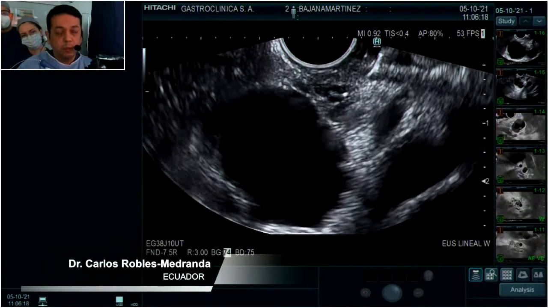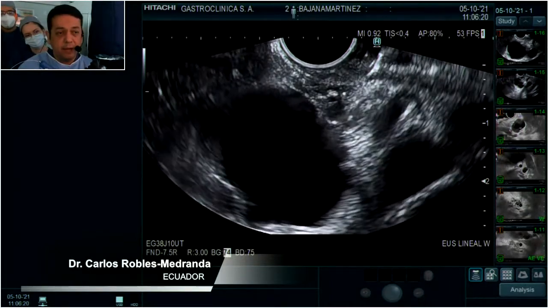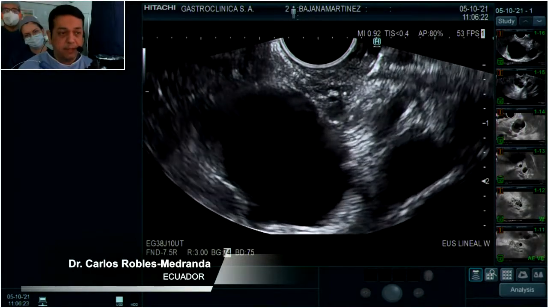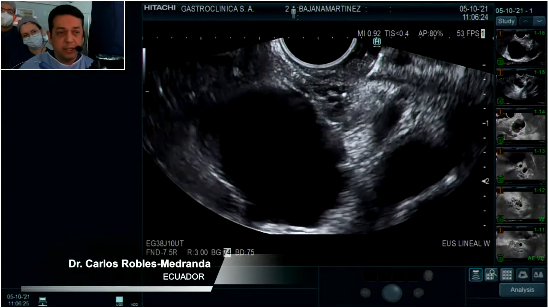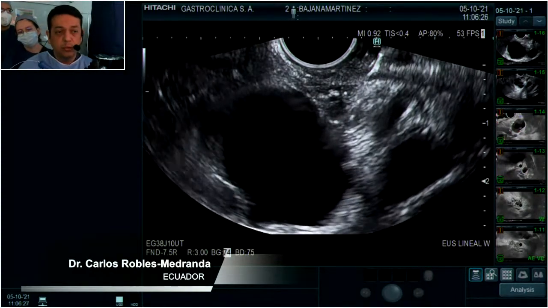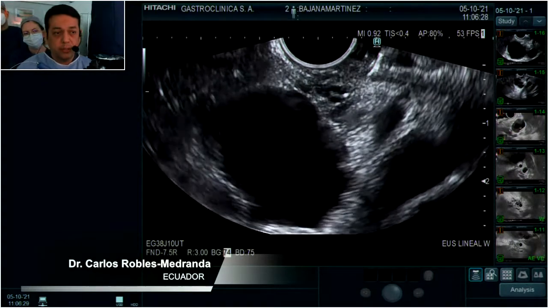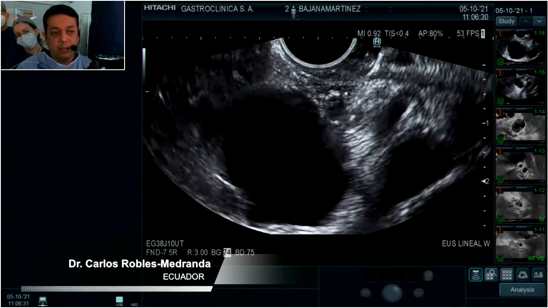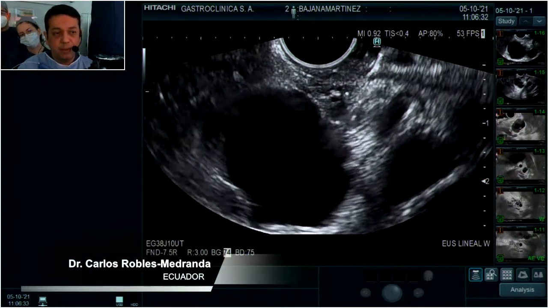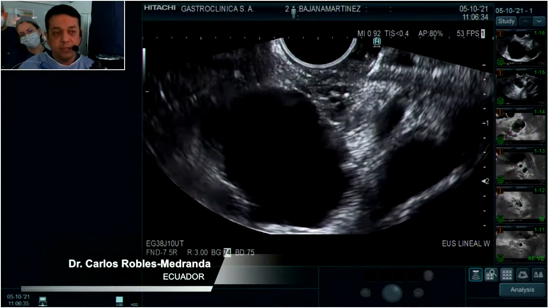If you have technology, you can have access, and the best way to evaluate this kind of lesion is to use confocal laser endomicroscopy. It means we can evaluate the epithelial tissue in real time and have a diagnosis of this lesion.